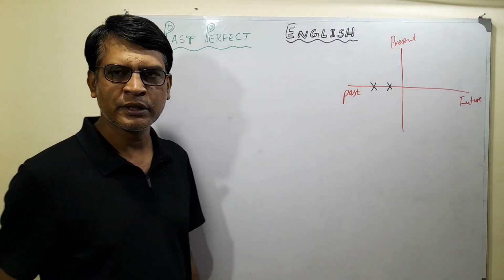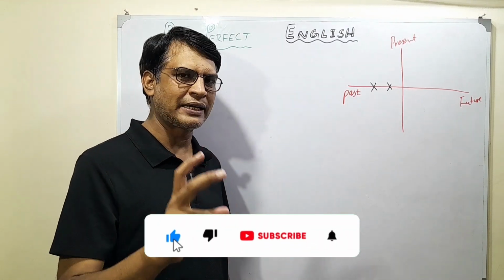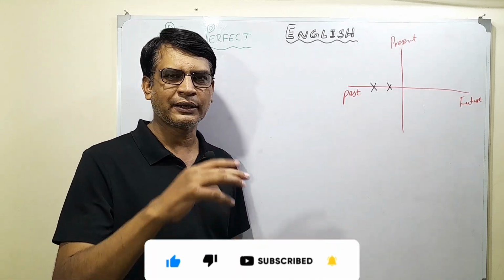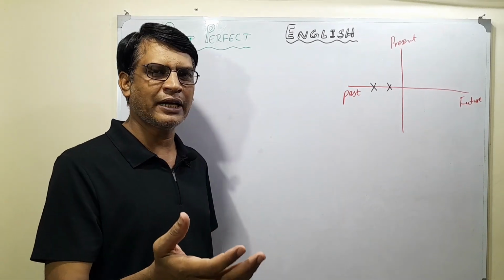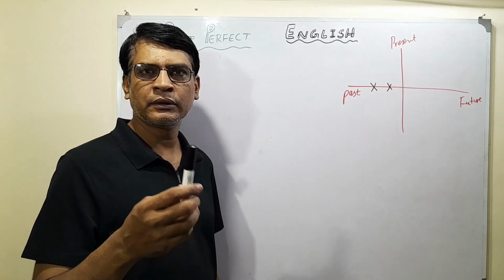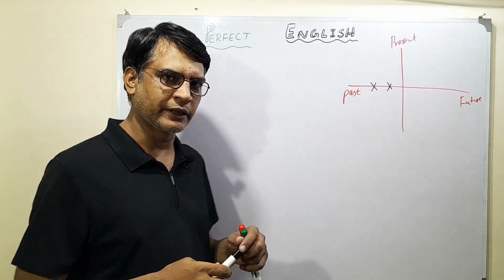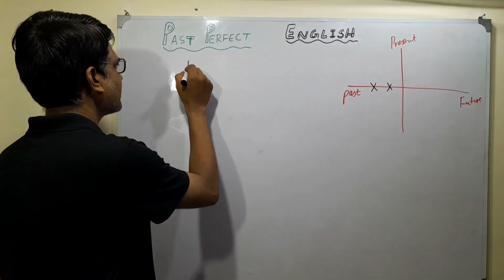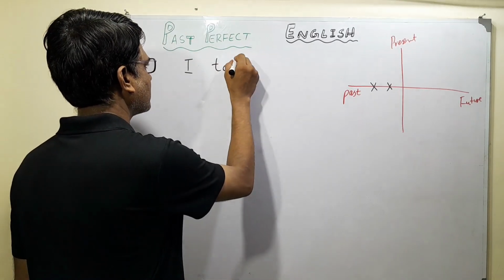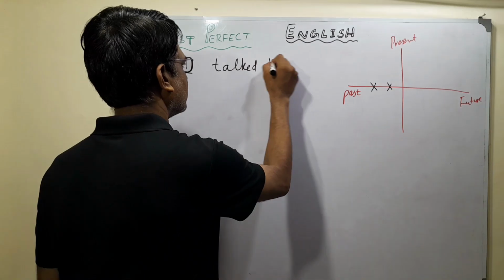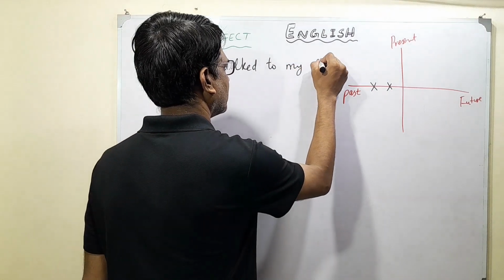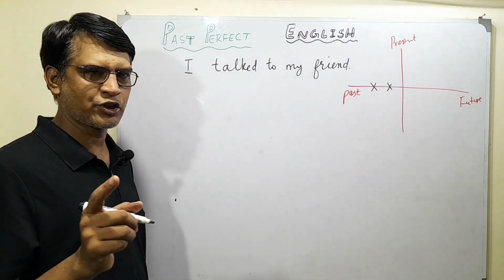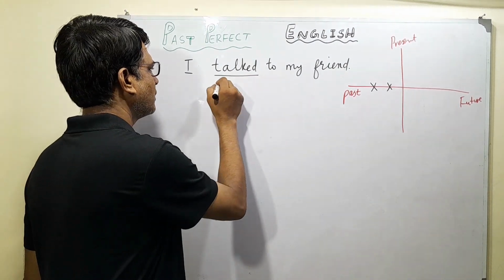Past perfect. See, past perfect is two tenses, two actions actually. One action that happened, then another action happened. Otherwise, it's very confusing for us to understand past perfect. For instance, if I say I talked to my friend, this is one action, and this action is past simple.